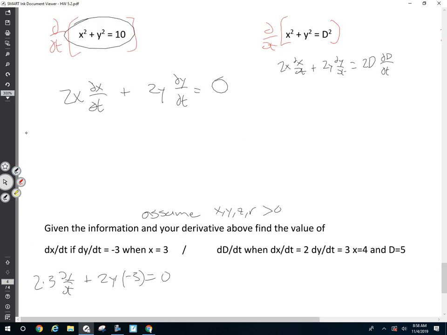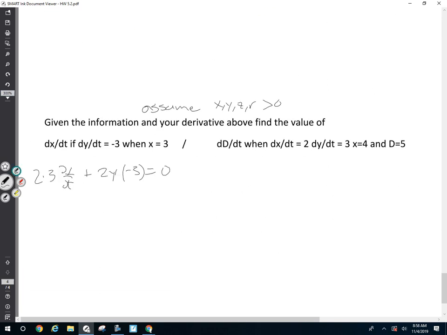But what is y? I could find y in my original equation when x is 3. So 9 plus y squared equals 10. Y squared equals 1. Y is equal to plus or minus 1. We're going to assume we're just talking about positives.